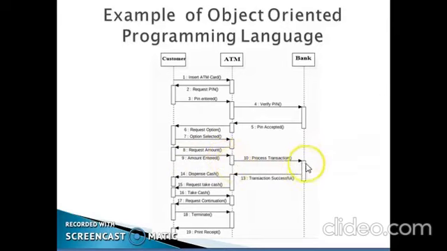So what does the bank object do now? It checks whether the amount that the user entered is less than his or her balance. If it is less than the balance, it acknowledges the ATM machine saying that the transaction is successful and it can now dispense the cash. The ATM machine requests the user to take his or her cash.